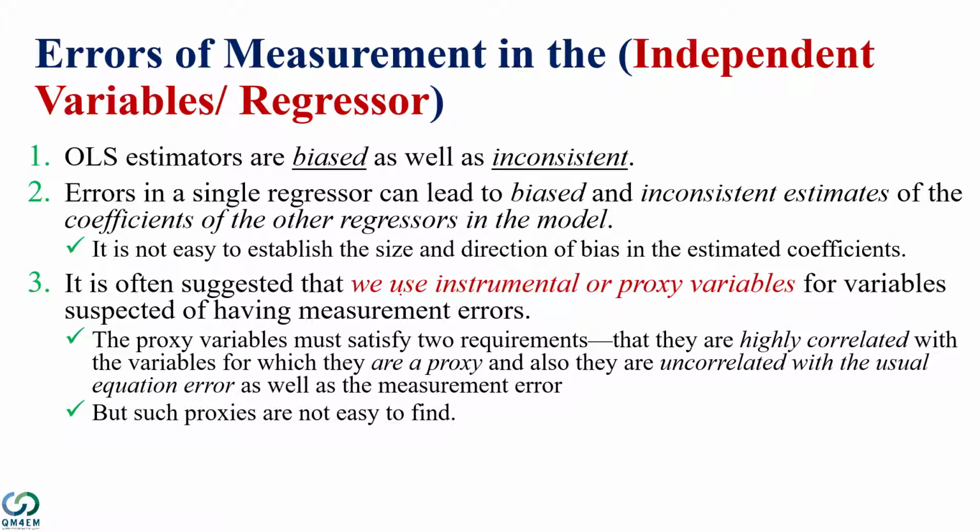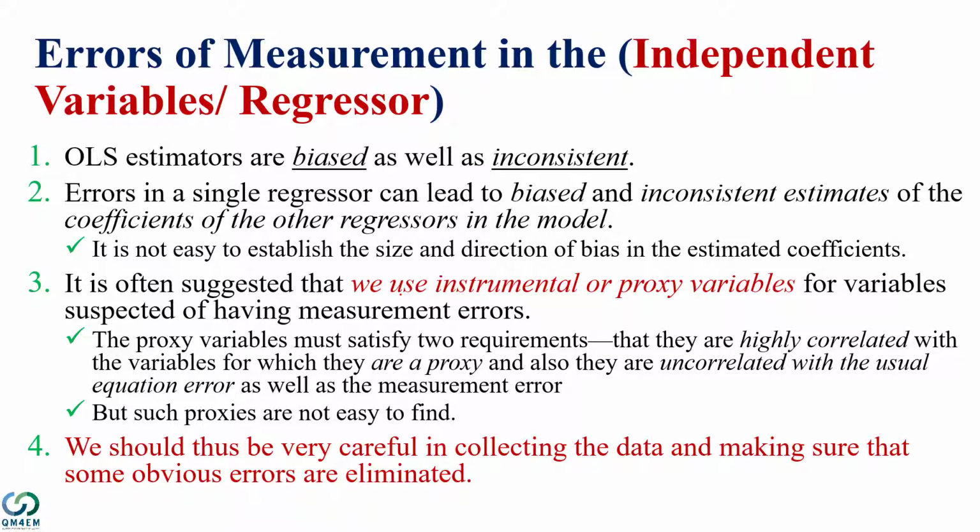Thus, we have to be very careful while collecting the primary data, making sure that the obvious errors are eliminated at the stage of collecting the data. So that was the case of error of measurement in independent variables.